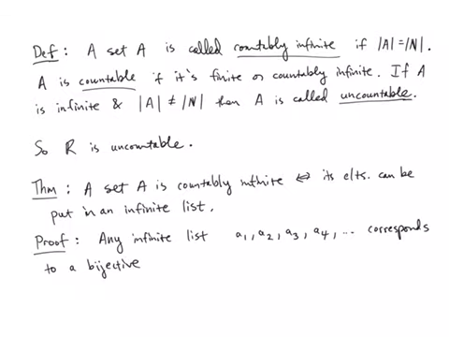I should say any list of all of the elements of A corresponds to a bijective function, which just takes f at n and outputs a sub n, right? So this is a function from the natural numbers to A.